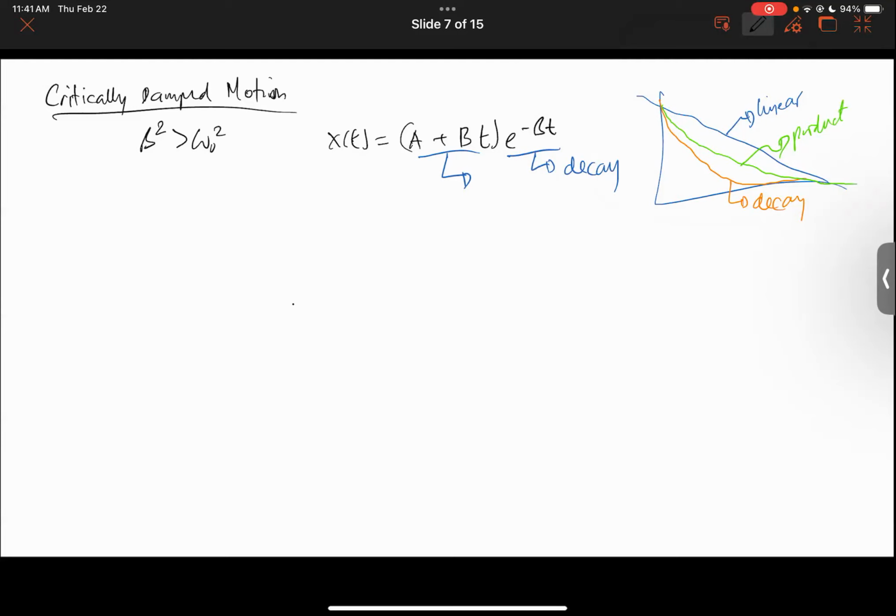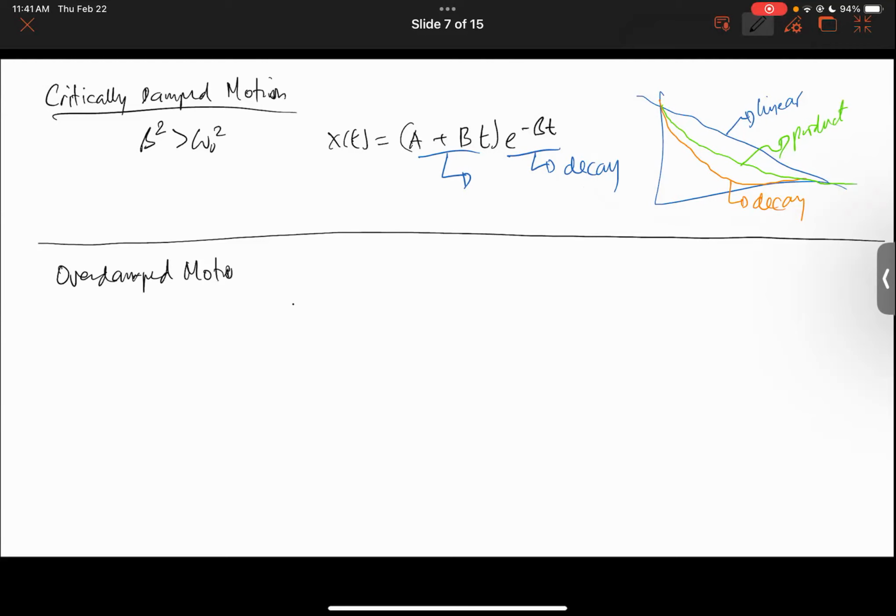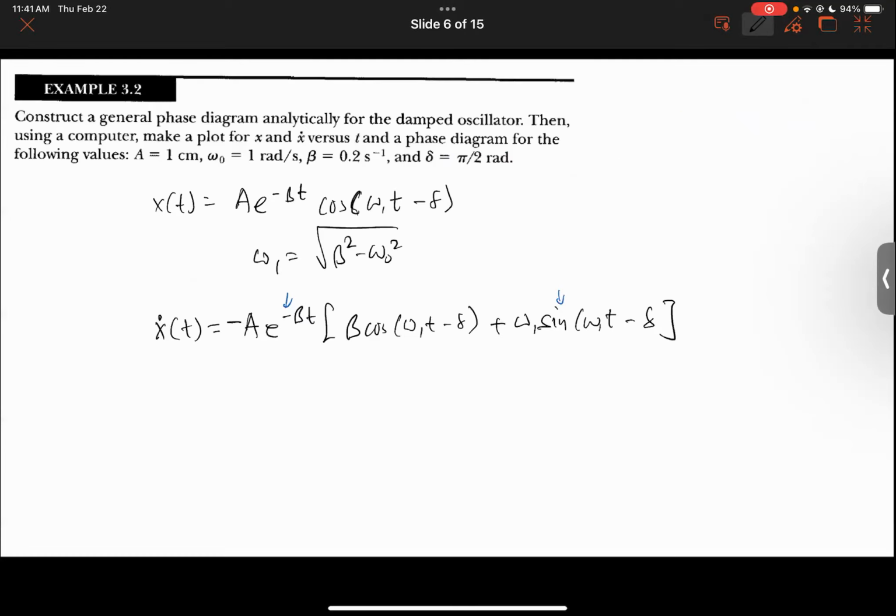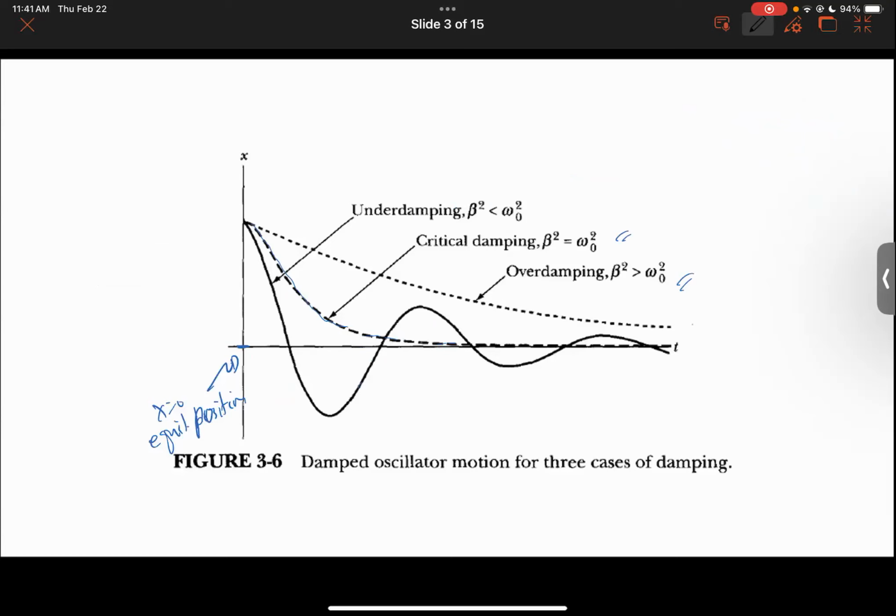Now we can proceed to overdamped motion. Sorry, what was I saying?